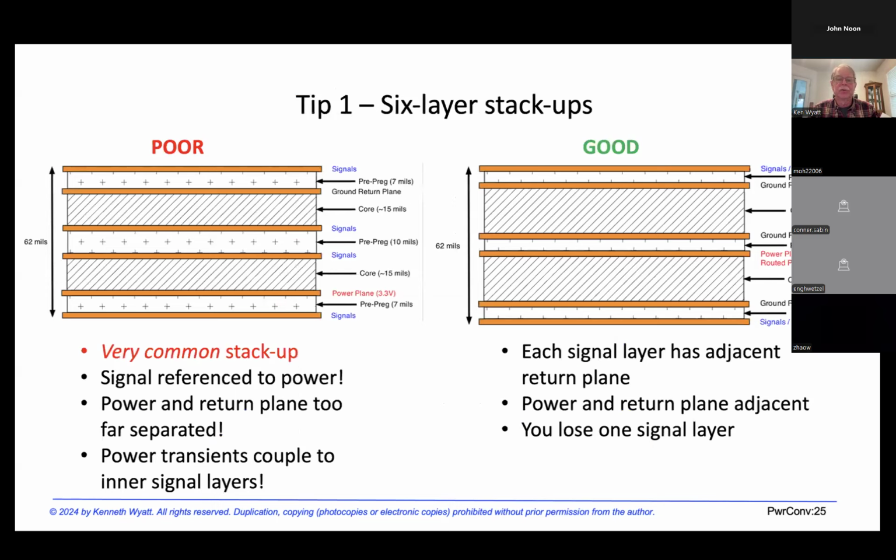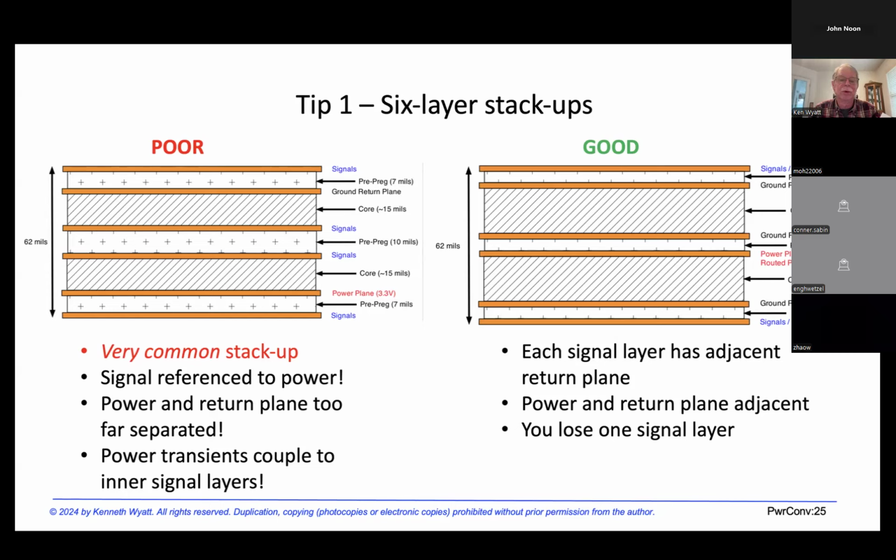For 6-layer boards, the typical 6-layer board stack up on the left has a lot of the same problems as the 4-layer. If you look at the two bottom layers, the signal layer there is referenced to the power plane, and the power and the return planes are spaced way too far apart.